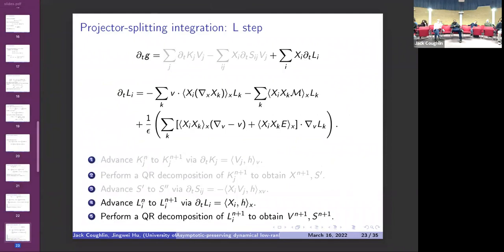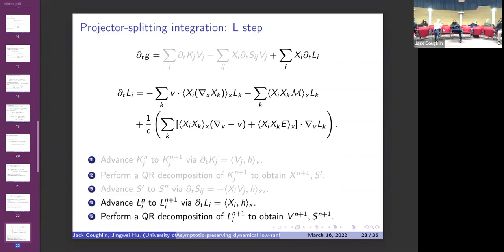So by the end here, I've got a new Xn plus 1, a Vn plus 1, and Sn plus 1. And as you can see, this technique is really like finding its own basis. You advance these auxiliary bases, and then you pull out the information that represents the span of that new basis.